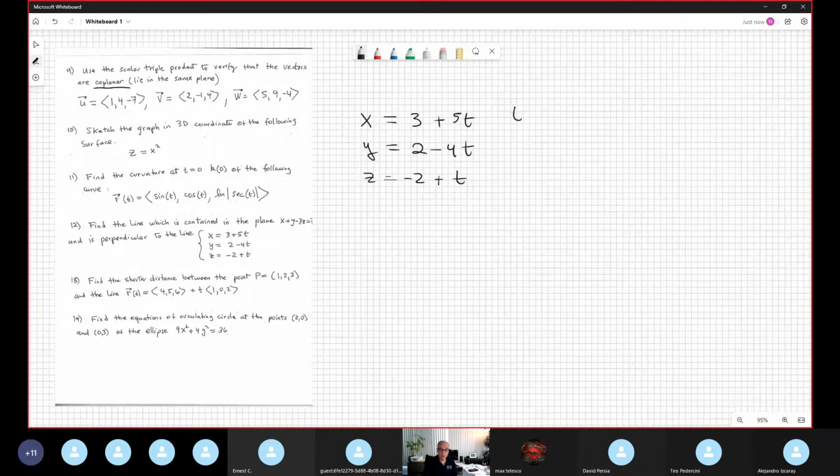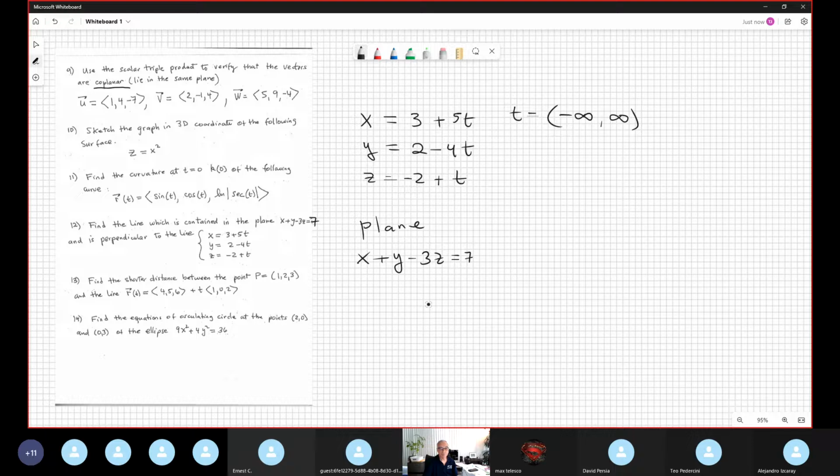I suppose that t is from negative infinity to positive infinity because it's a line, infinite in both directions. And one plane is given. The plane is x plus y minus 3z equals 7.